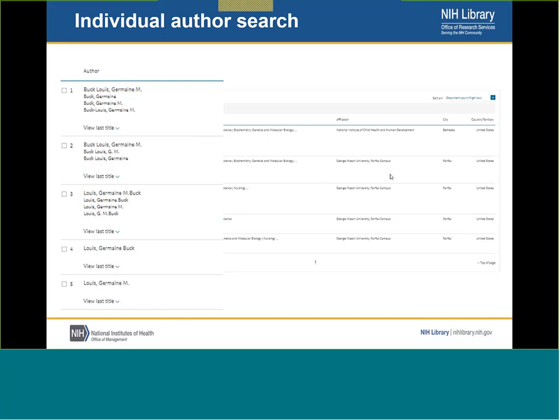And if we get enough information from our clients, we will be able to easily consolidate these names together. So for instance, I know that this author was originally from NICHD, but now she has moved on to George Mason University. So I knew that all of these records belong to her.